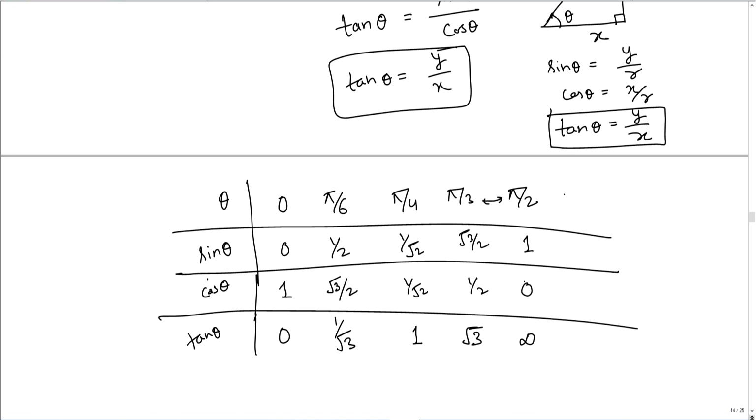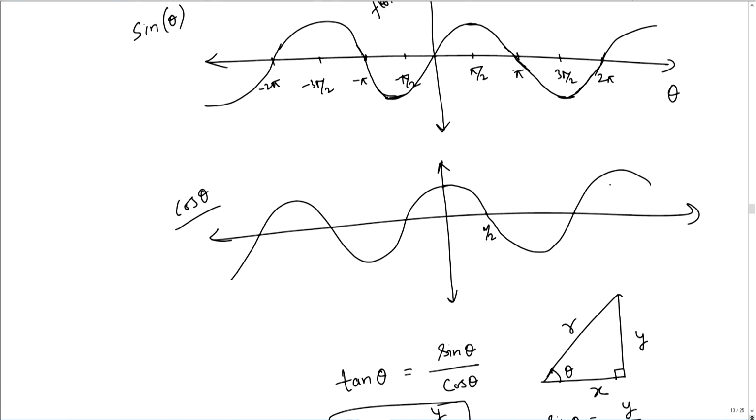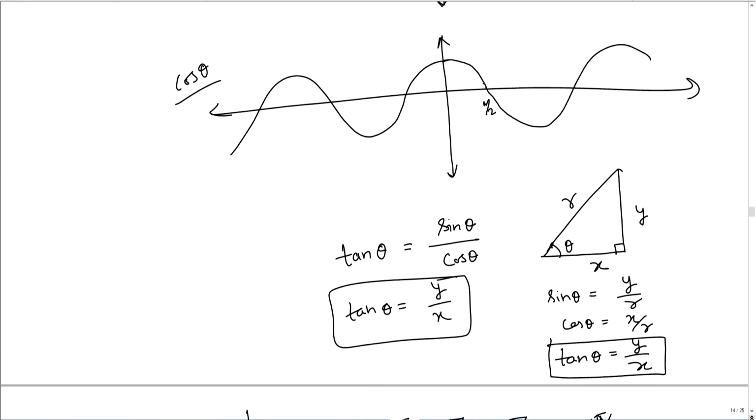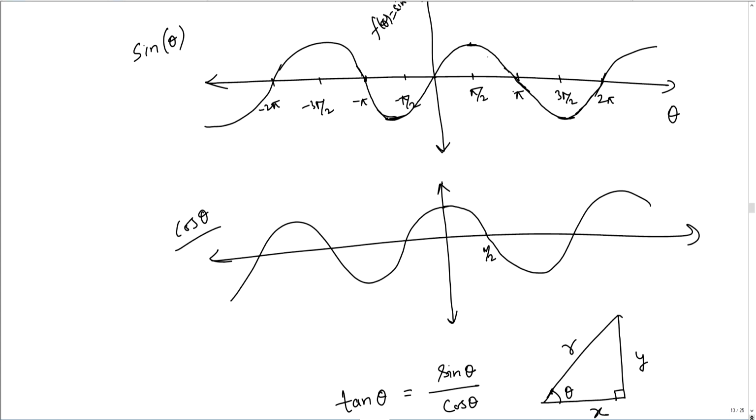Let's see what would happen at a value beyond pi by 2, let's say pi by 2 plus pi by 4. What would sine theta be here?